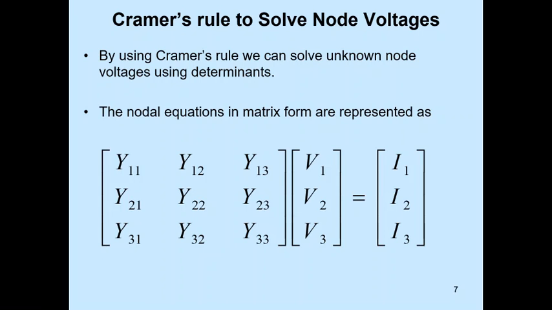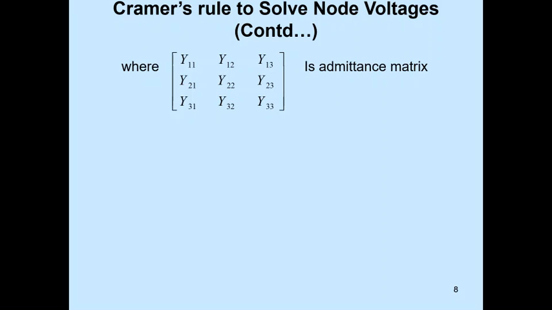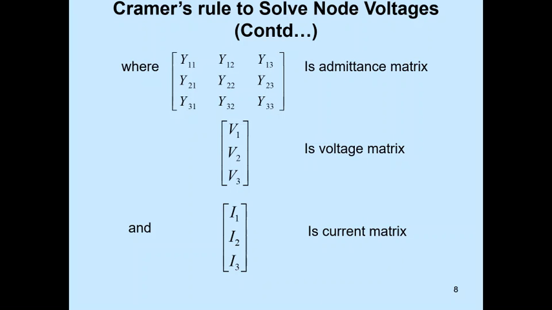So admittance matrix into voltage matrix is equal to the current matrix. See here, that is the admittance matrix, voltage matrix and current matrix.